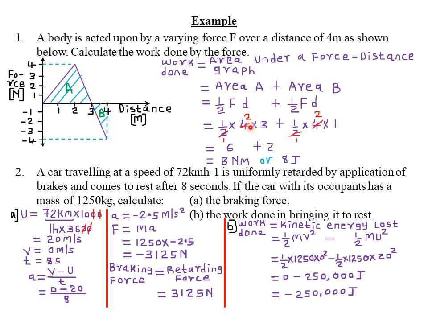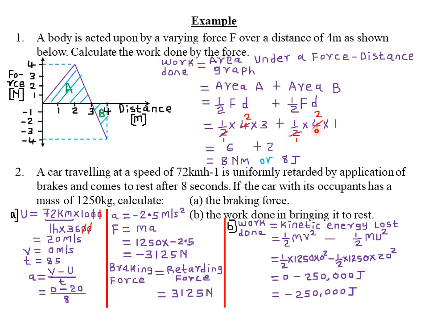So if you take a half times 4 times 3, 2 goes into 4 two times, times 3, you will get 6. Then a half times 4 times 1, 2 goes into 4 two times, times 1, you will get 2. Remember, we were to get -2, but for work done, we are not interested in the direction. Therefore, we just take the magnitude.